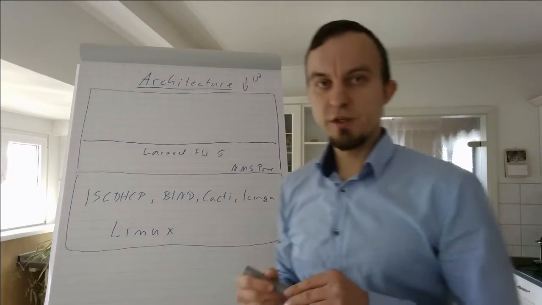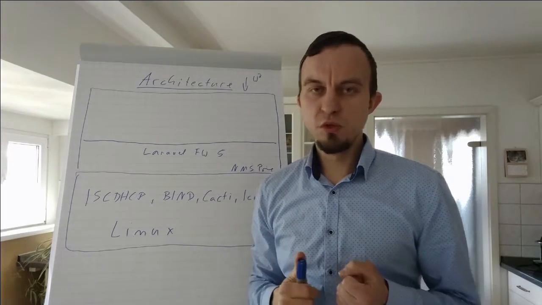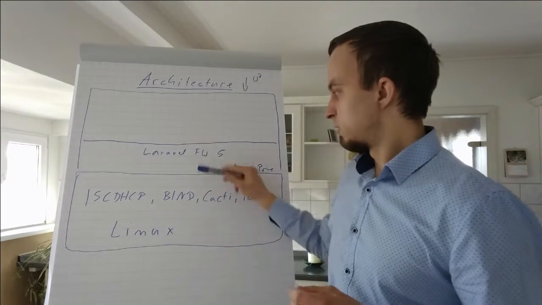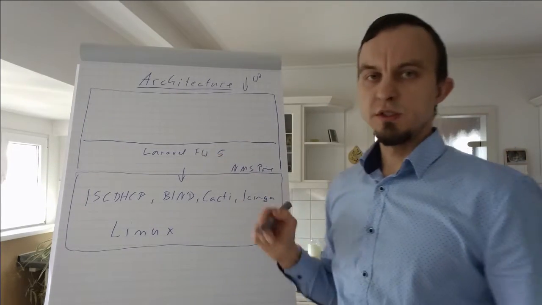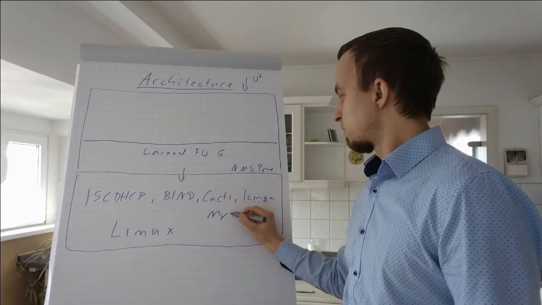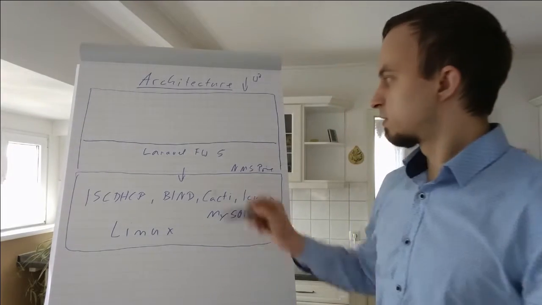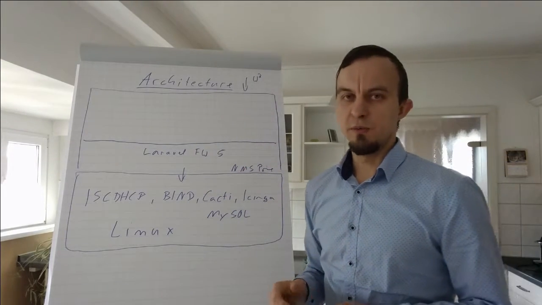So okay, and what is cool in Laravel is that Laravel provides us many tools to interact with the standard Linux stuff. So for example, what is also standard Linux is that we use a normal MySQL database, and for this reason Laravel can directly connect to our SQL database.